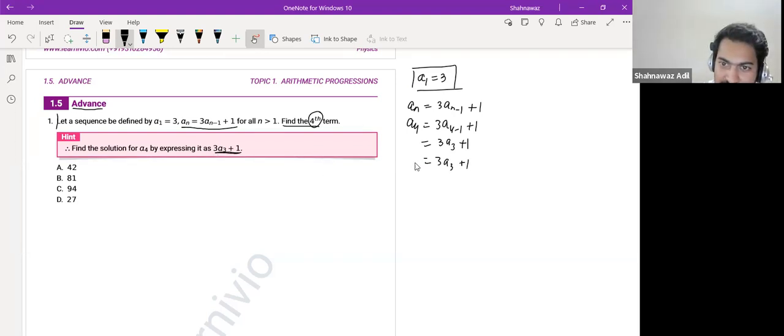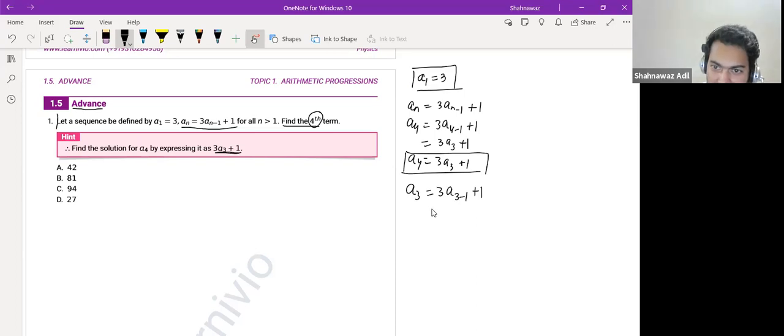So 3A3 plus 1, this was the hint. To find A4, we have to find A3. To find A3, we will again use this formula. So A3 would be 3A2 plus 1. Now we have to find A2. A2 is 3 times A2 minus 1 plus 1, so this is 3A1 plus 1.